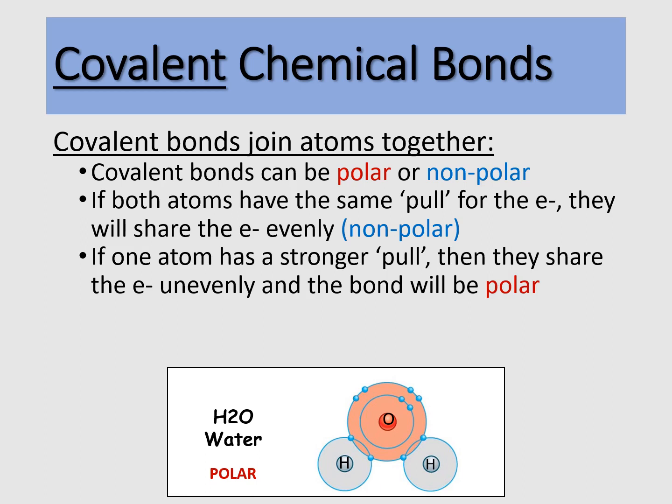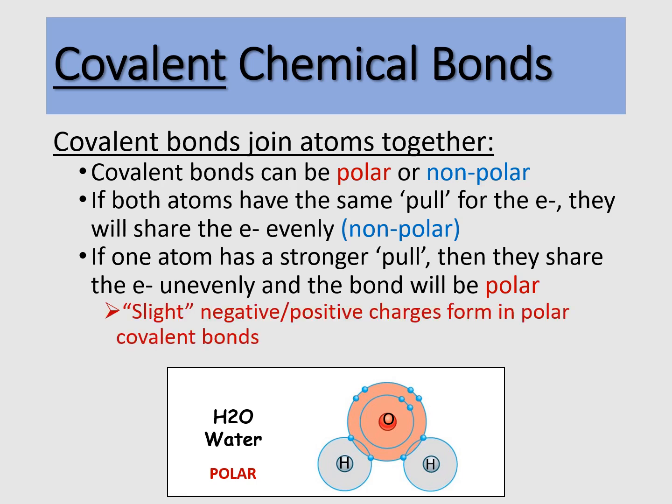But if one atom, such as oxygen, has a stronger pull on that electron, and so there's going to be an uneven share of the electron, that bond will be considered polar, just like our water, okay? Which creates a slight negative and slight positive charge for the atoms, okay, in the polar covalent bonds.